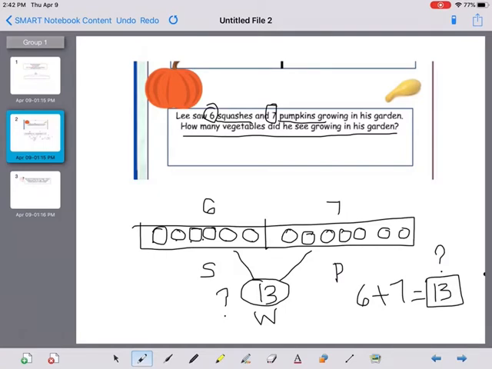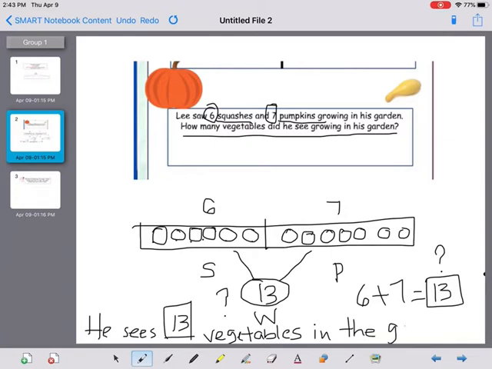We can say he sees 13. Box it. Vegetables in the garden.